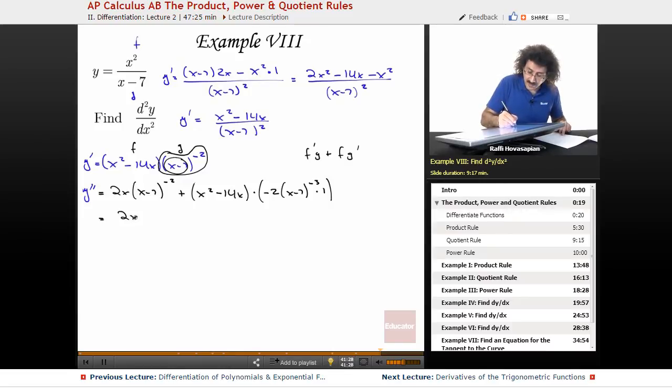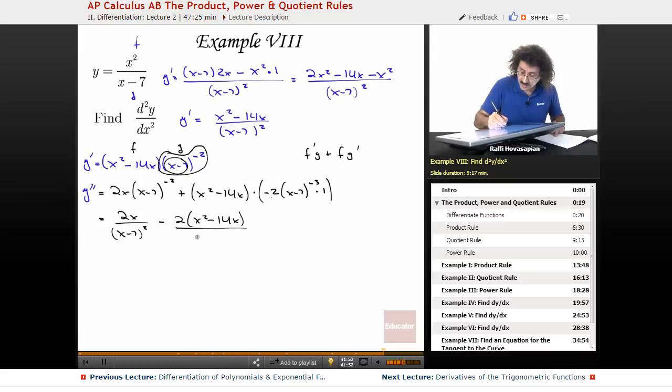I'm going to write this as 2x over x minus 7 squared plus, this is going to end up being a minus, minus 2 times x squared minus 14x. I'm going to bring this thing down into the denominator and write it as x minus 7 cubed. Hope that makes sense.